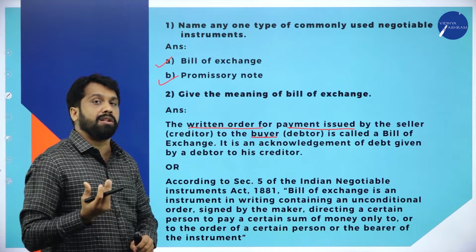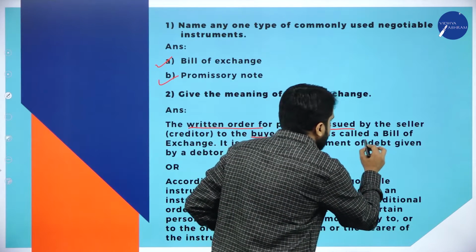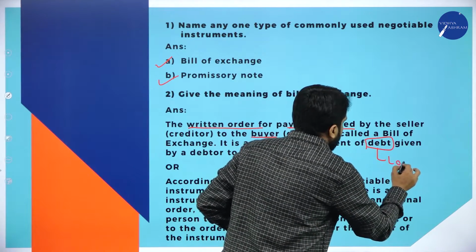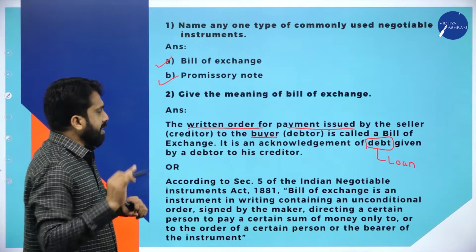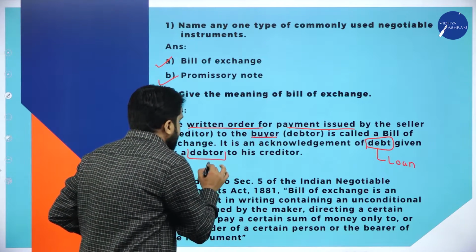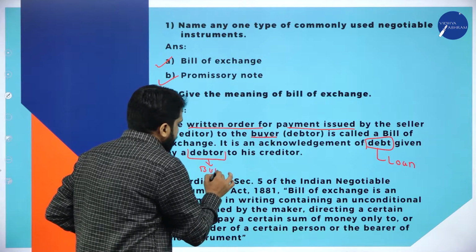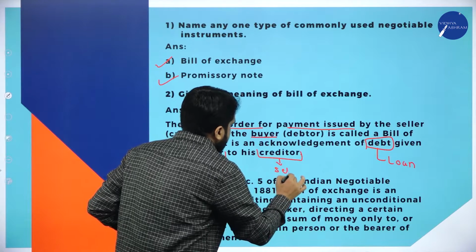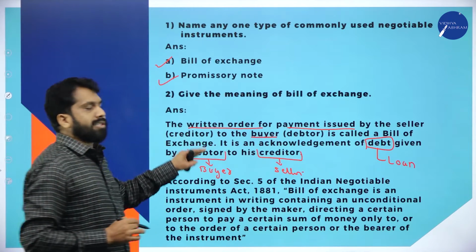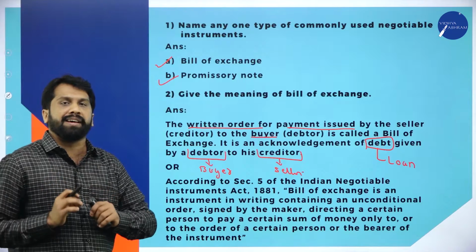Debt means what? Loan. Debt means loan or payable amount given by the debtor to the creditor. Remember, debtor means buyer, creditor means seller. So this is all about what is bills of exchange.